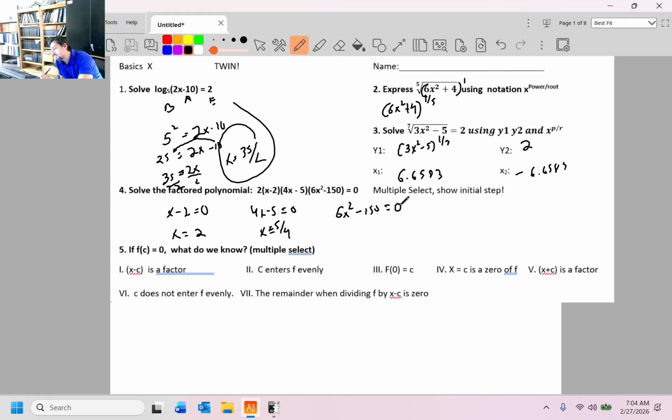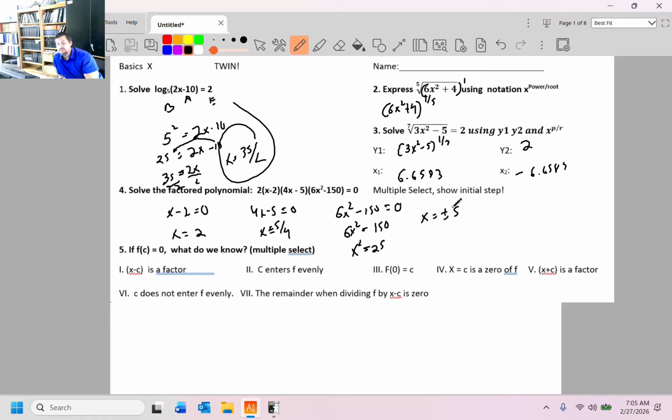If 6x squared minus 150 is 0, then 6x squared is 150. Divide through by 6. What do you get? What, 25? 25 seems right. And then the opposite of squaring is square rooting, so we are plus or minus 5.